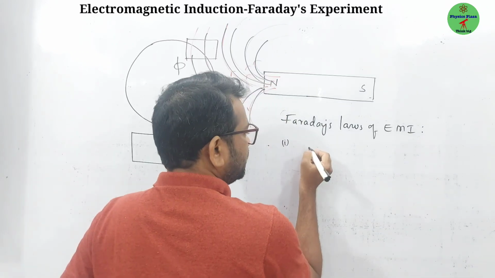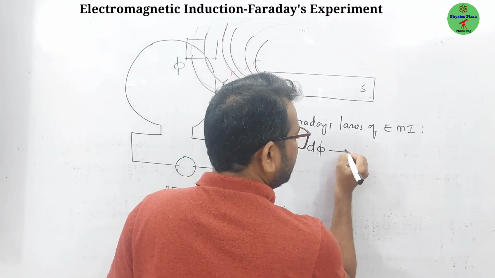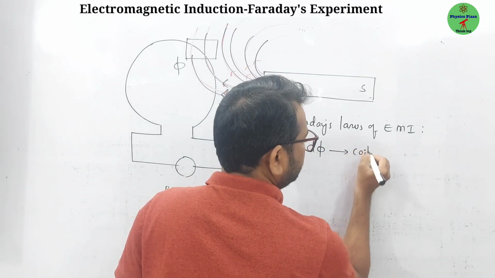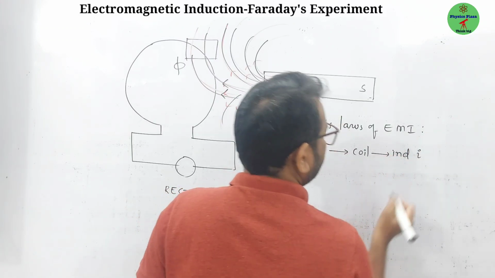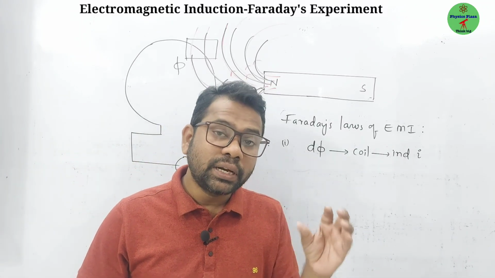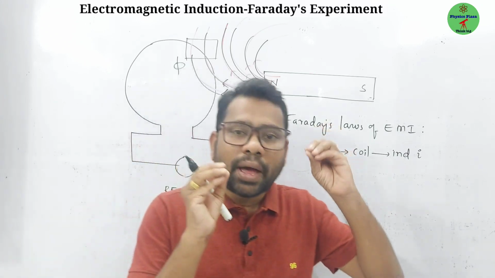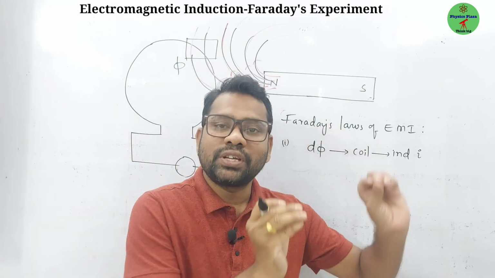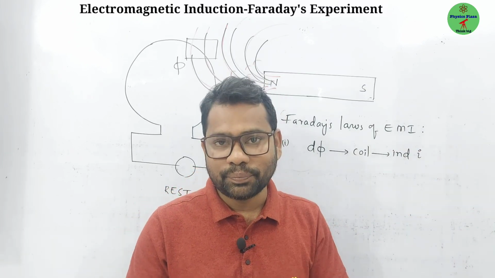That means there must always be a change in magnetic flux linked with the coil. Then only there will be production of induced current. I repeat once again, the magnetic flux linked with the coil should change continuously. Then only there will be an induced current.